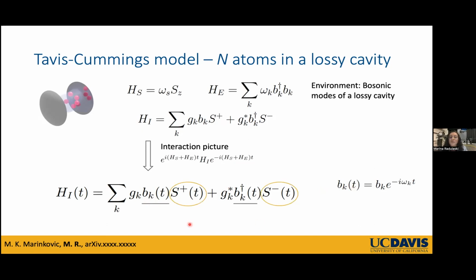But for the raising and lowering operators of our two-level systems, it is not trivial. And on the next slide, I will show you how we tackle that. But I will just now show you that we have that in the end, we come down to the same elegant exponential dependence in time.